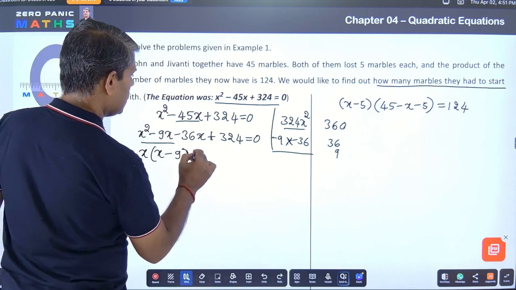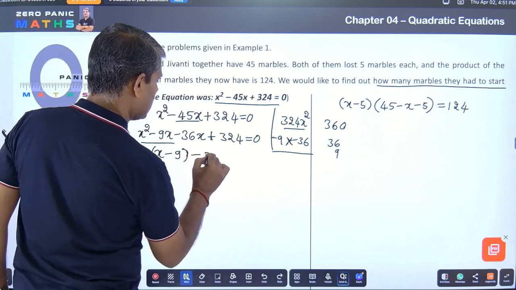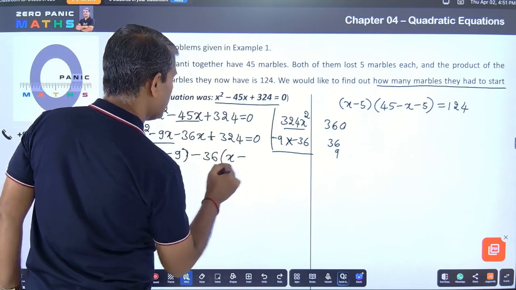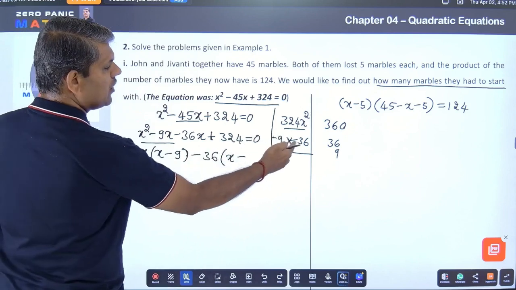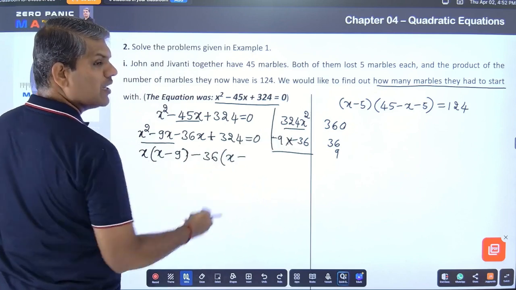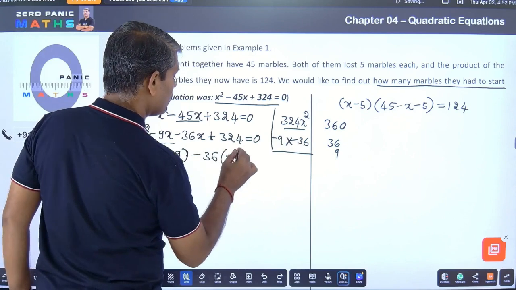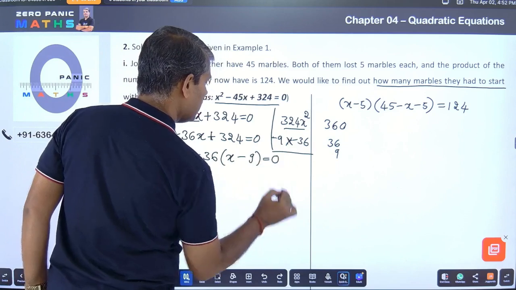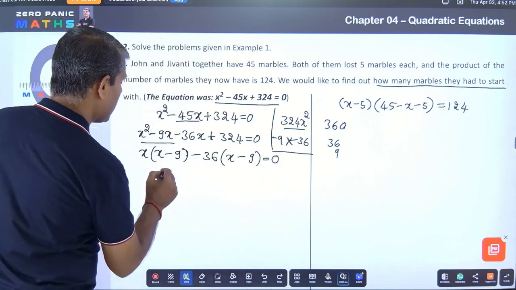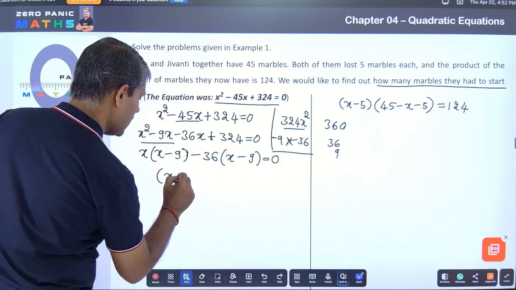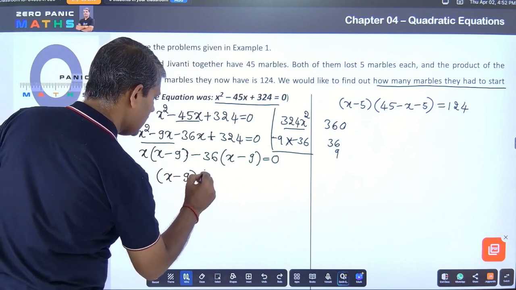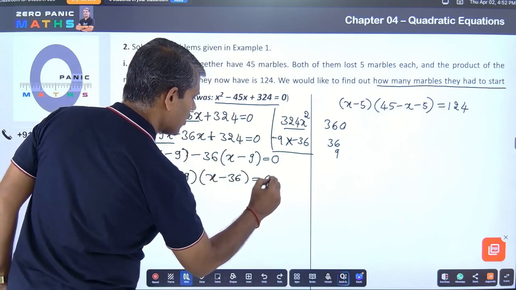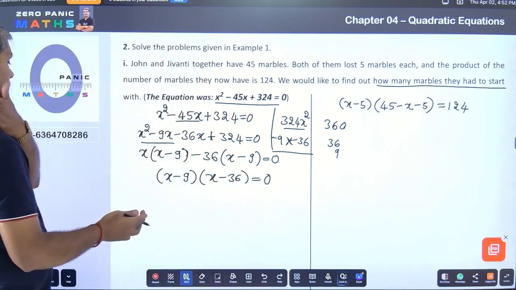What is common in the next two terms is minus 36, and x minus 9 remains, since minus 36 into minus 9 is 324. So x minus 9 and x minus 36 are the factors of the given equation.